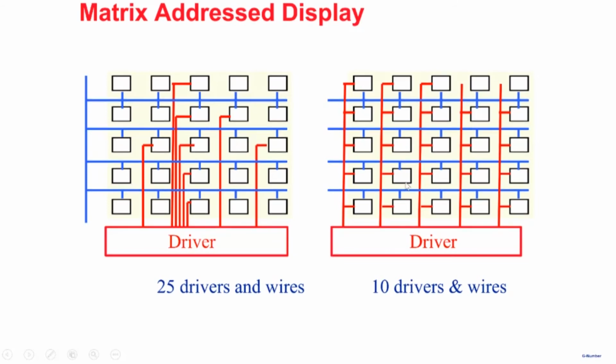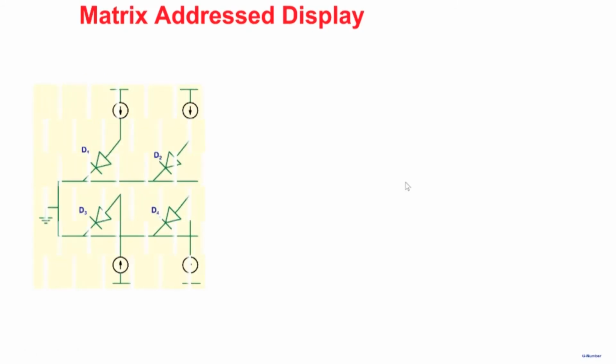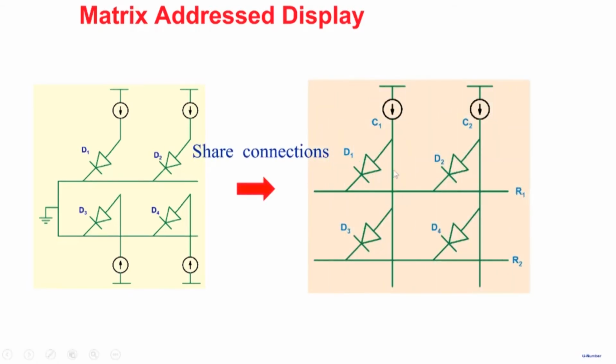So let's look at it in a little more detail. This was a direct addressed, simple 2 cross 2 LED display. So this was direct addressing. Each individual LED has its own connection. But now we are going to arrange them in rows and columns, right? And share connections. Note that the savings will not be obvious now because it's a very simple display.